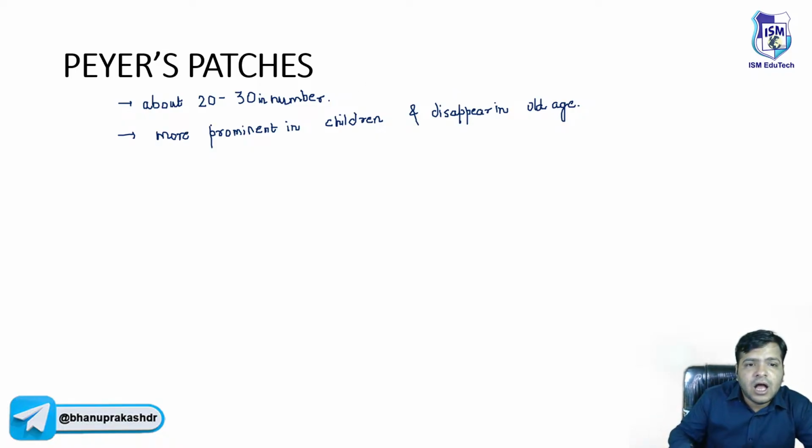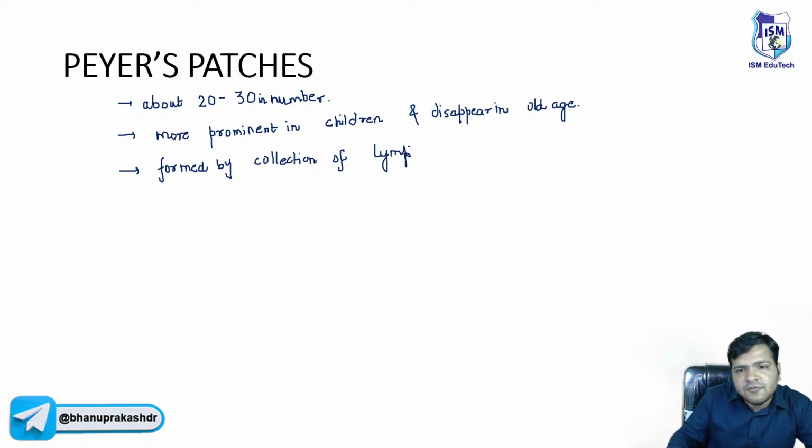Now, beta, how are the Peyer's patches formed? They are formed by collection of lymphocytes and plasma cells.